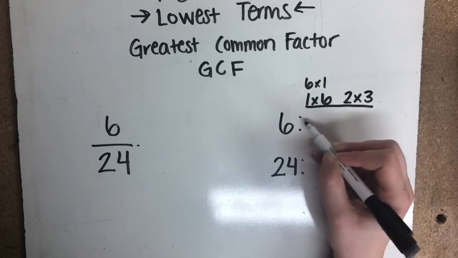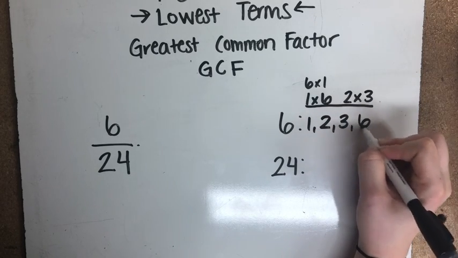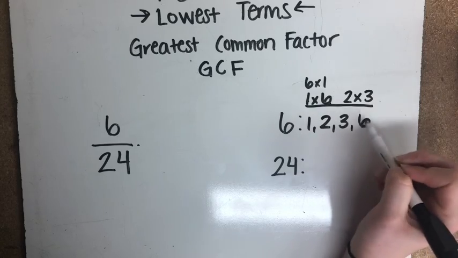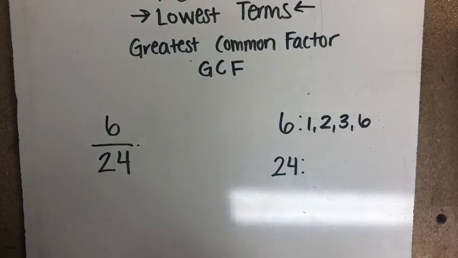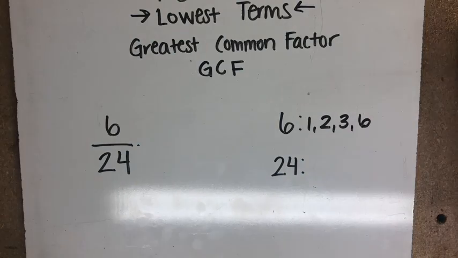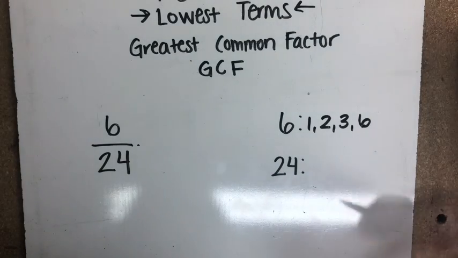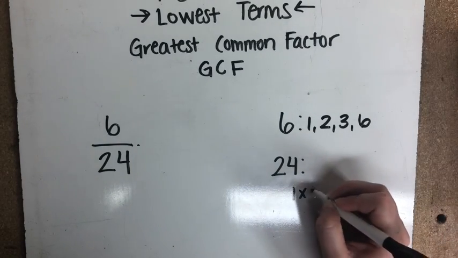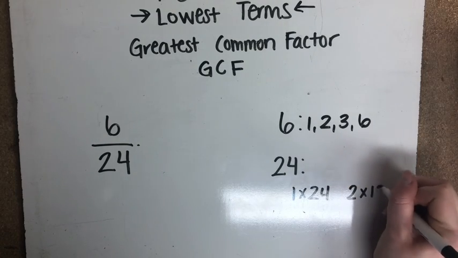So I'm going to put this information into a chart. 1, 2, 3, and 6. Notice how I have the 1, the 6, the 2, and the 3. Writing it in a chart like this helps you to find that greatest number at the end. So let's make a list for 24. I know that I can do 1 times 24. I know I can do 2 times 12.